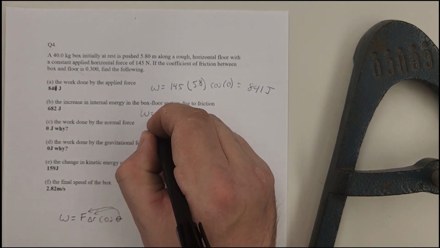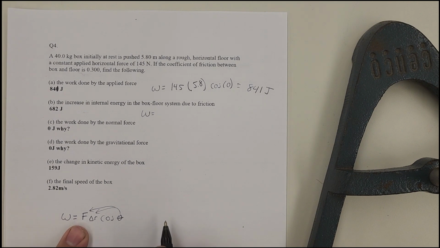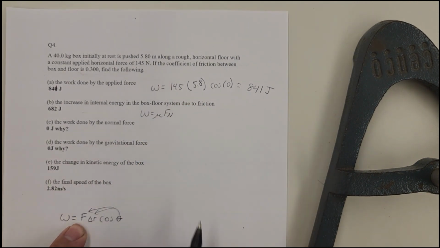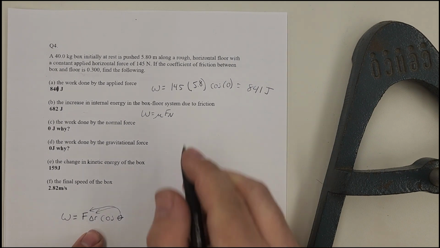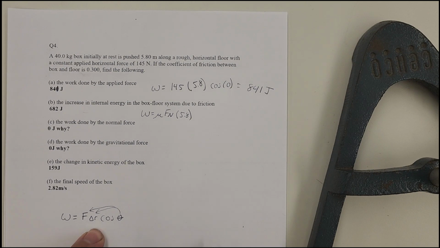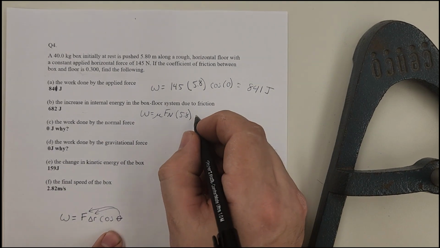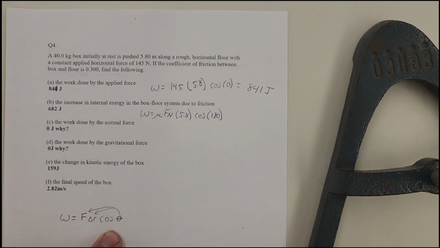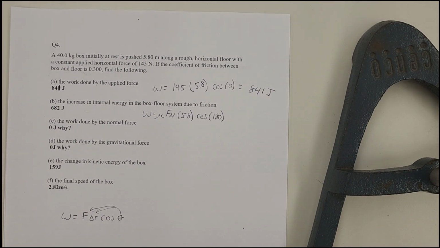So we'll have W is equal to, the force we want to use would be friction. So the friction force would be mu Fn. Change in r again. We moved it 5.8 meters. And cosine theta. Cosine theta for friction is always 180 degrees because it points backwards against our horizontal floor.